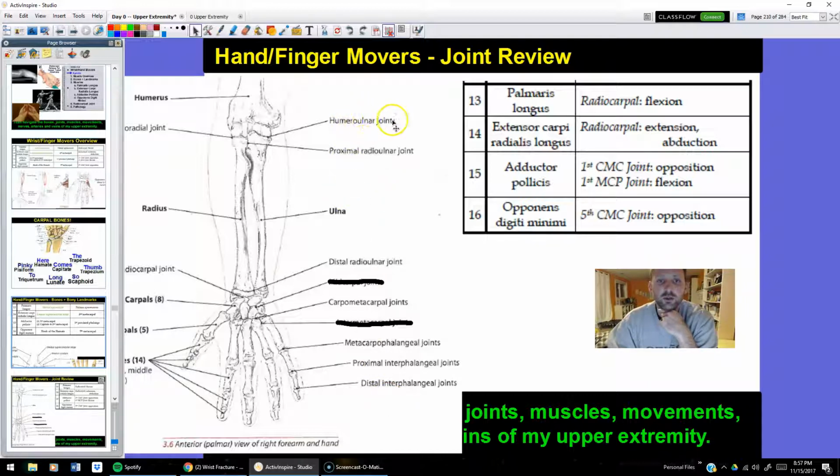I'm going from the humeroulnar joint down through the proximal radioulnar joint, through the distal radioulnar joint, to the radiocarpal joint, to the carpometacarpal joints, or the CMC, all the way to your metacarpophalangeal joints here, to your interphalangeal joints at the end. There's 2 interphalangeal joints on most of your fingers. So those are the joints. Those are what we're going to be talking about. What these 4 muscles move are at those joints I just reviewed.